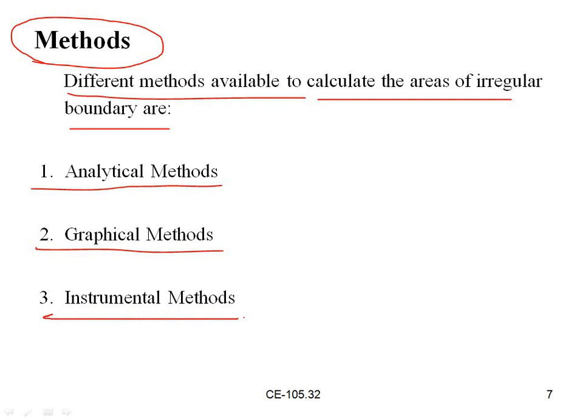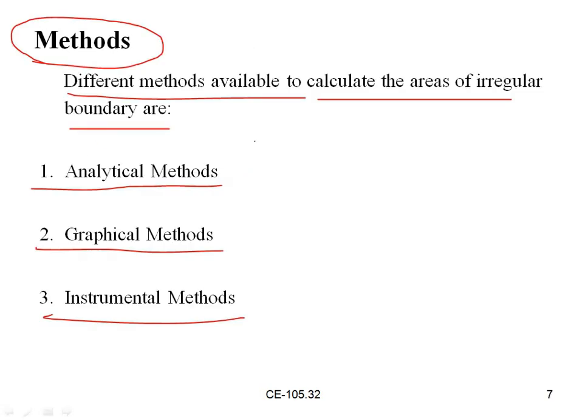Third one is instrumental methods. This is another type of method which is used for the calculation of boundary areas. These are the three methods we are using in chain surveying. Let us see one by one.